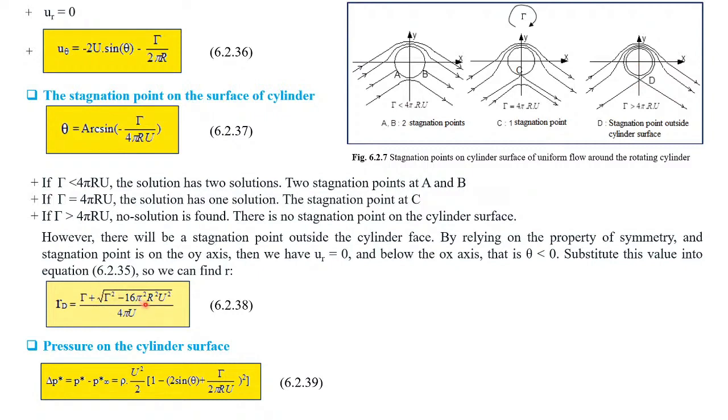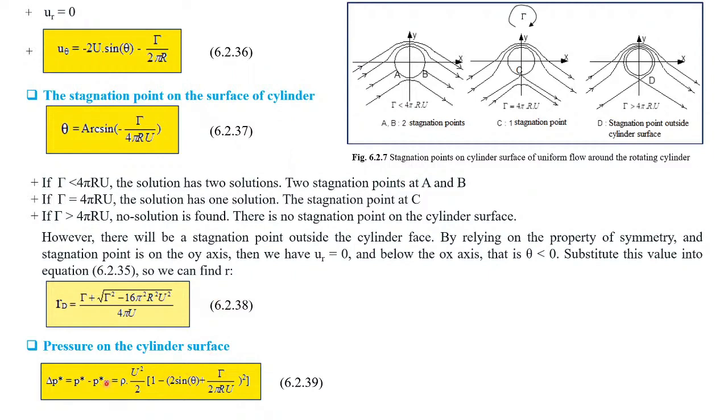And now we would like to find the pressure on the surface of the cylinder. We use the Bernoulli equation between a point on the surface of the cylinder and one at the infinity point.